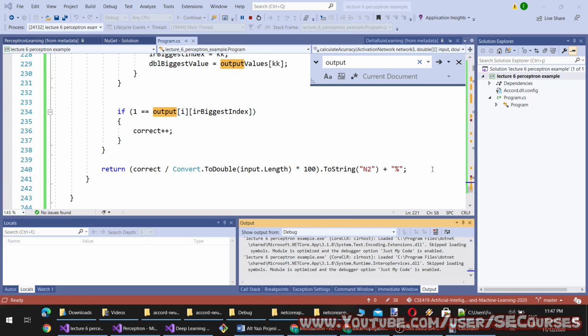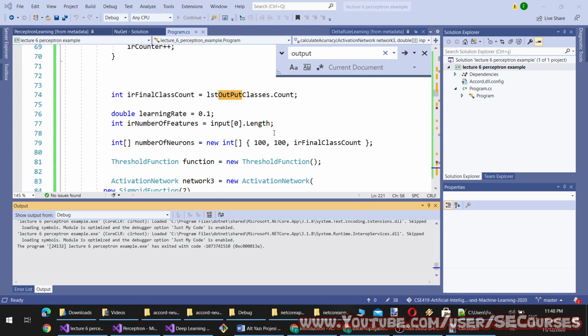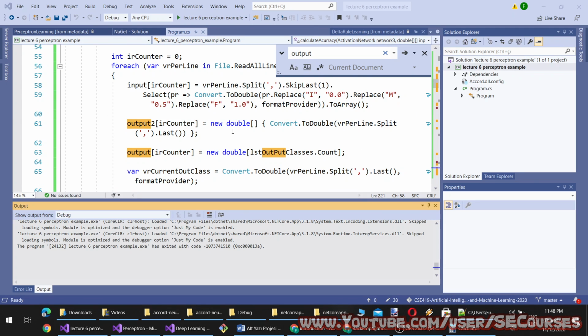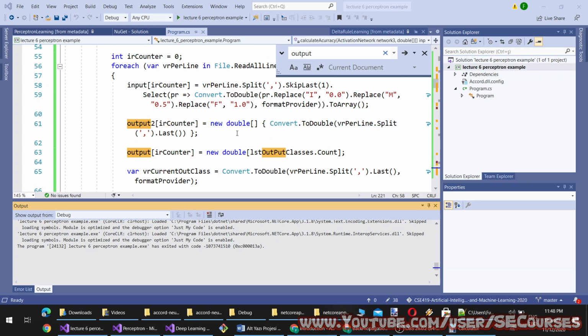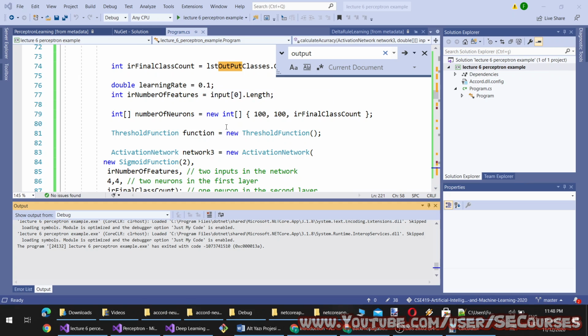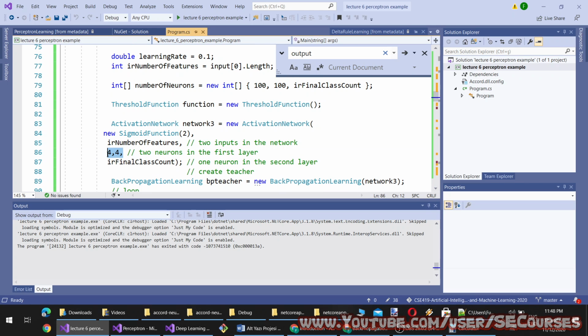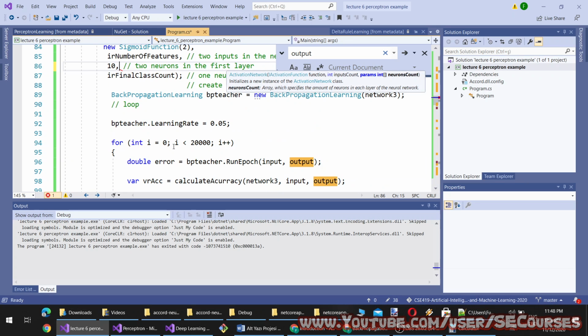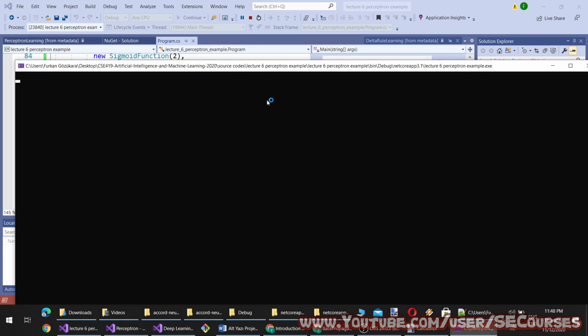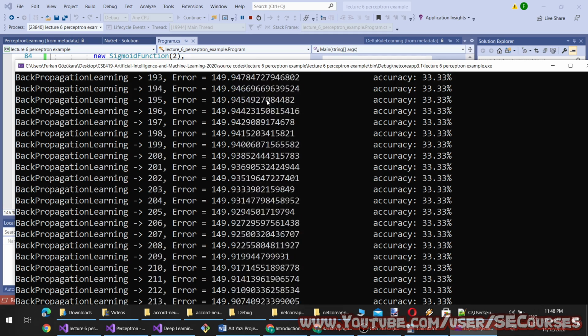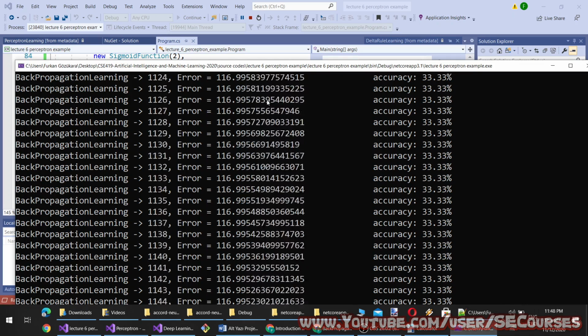Okay, so 404 didn't help us. Okay, so let's change the number of neurons here to 10, and okay, let's change the learning rate to 1. Accuracy is still the same.